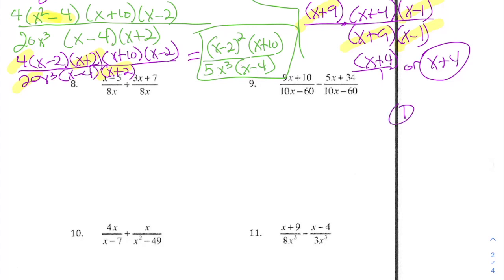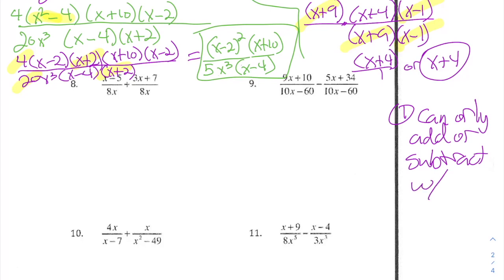So we got to make sure that you can only add or subtract with a common denominator, with the same common denominator. So your denominators have to be the same.